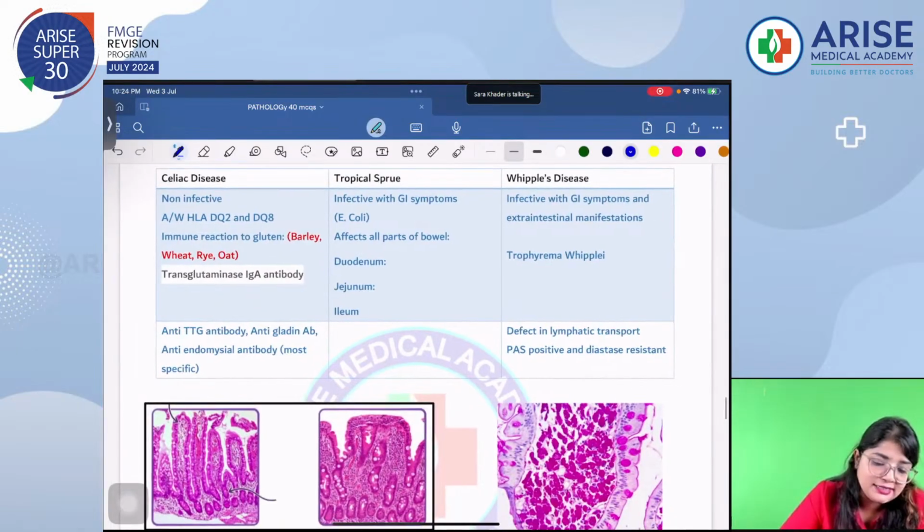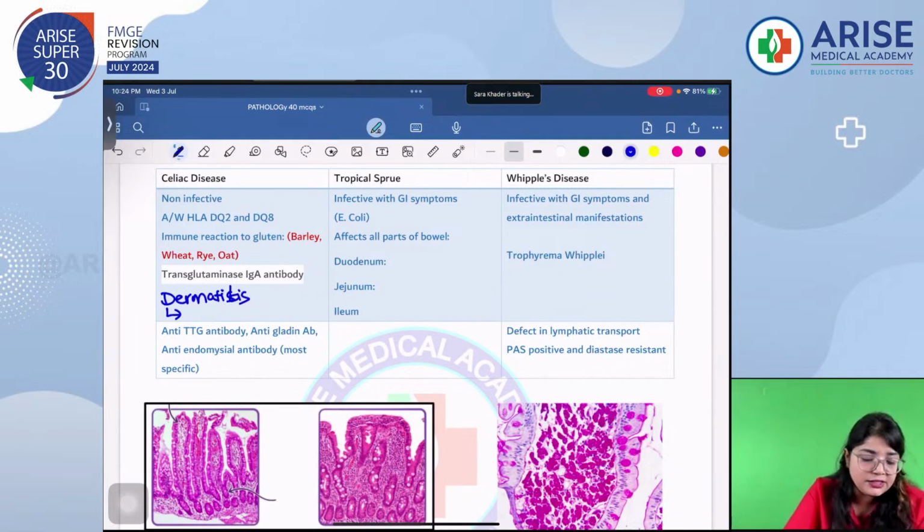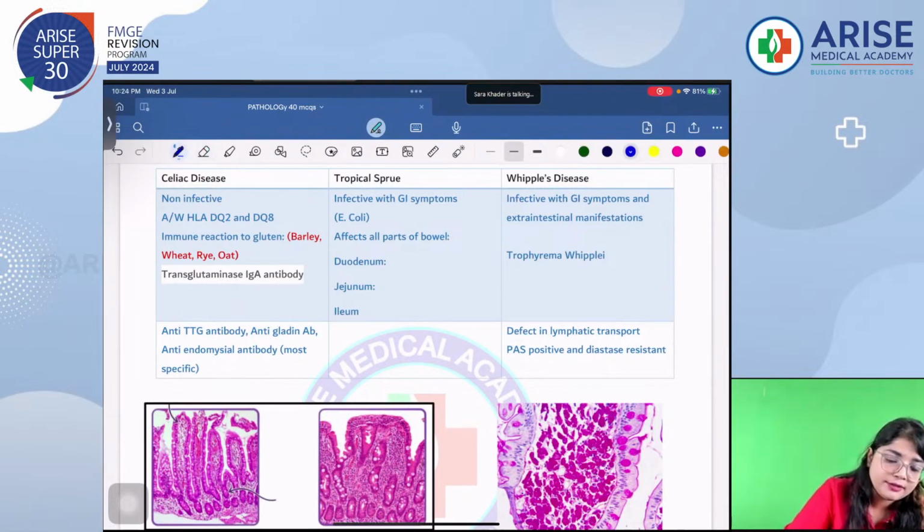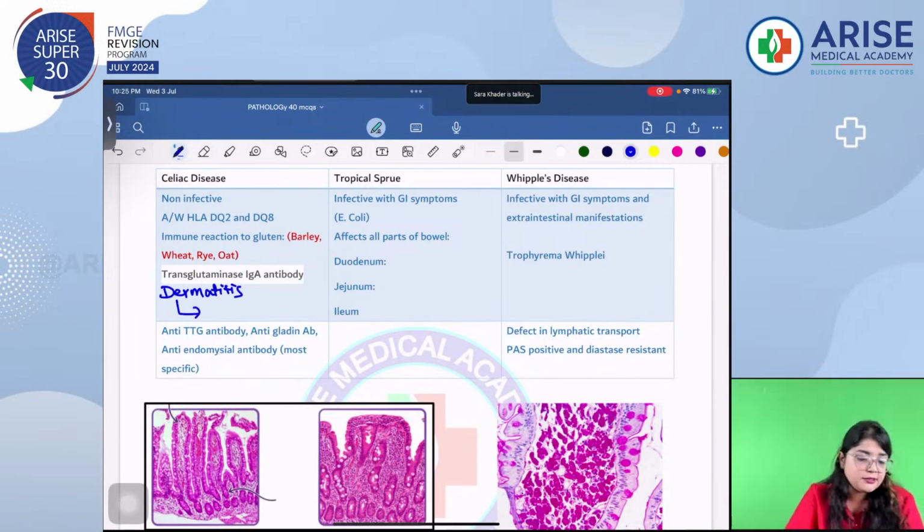So you can see celiac disease is associated with dermatitis also. Dermatitis is an extraintestinal manifestation of celiac disease. Can anybody tell me which dermatitis it is associated with? Anybody?